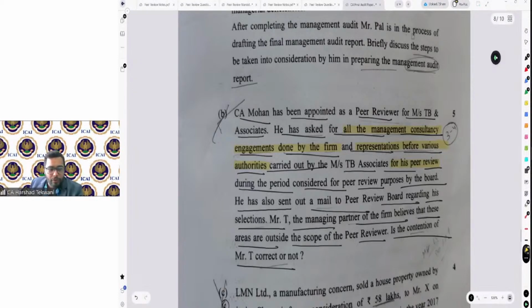In the same way, let me write the answer for you guys over here, and show how I answer this question.